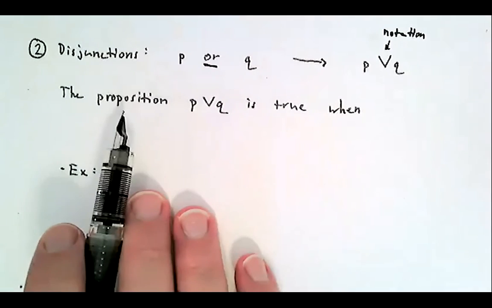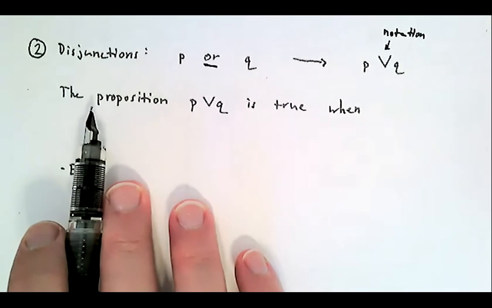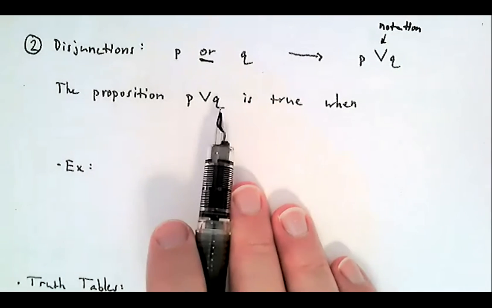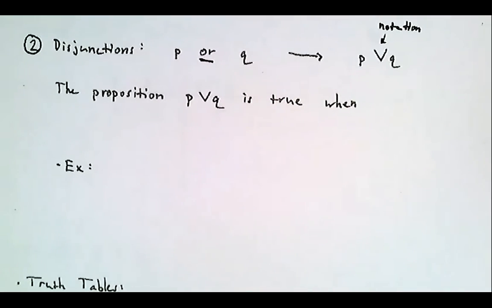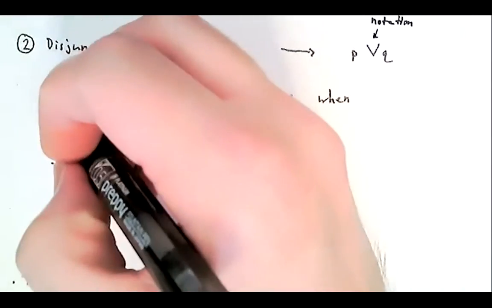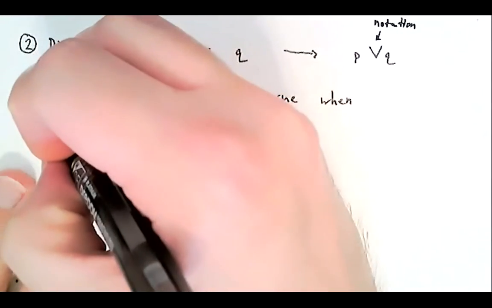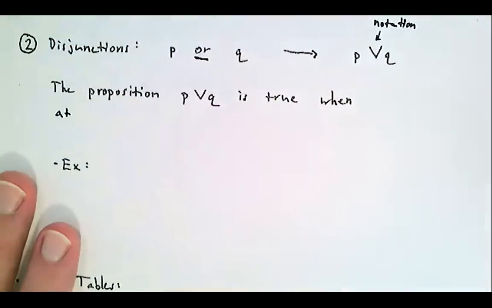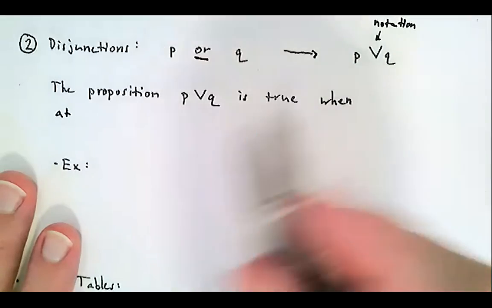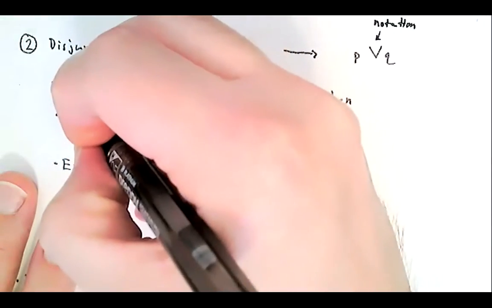Okay. So we have to be a bit careful with the definition of the or statement because it might be a little bit different than the way that you think of or normally being, like when you're speaking. And what it means in logic and what a computer understands or to mean is that at least one of these two statements is true.